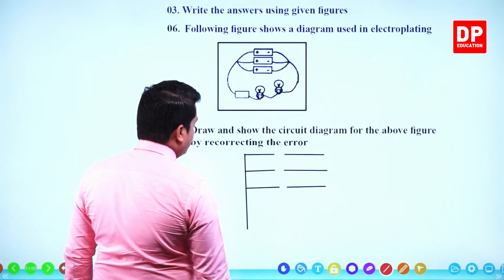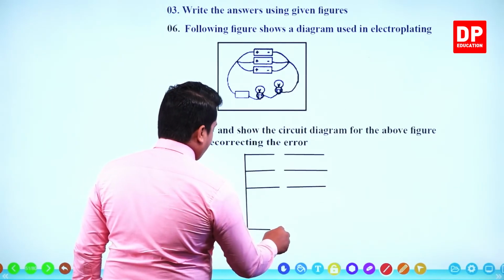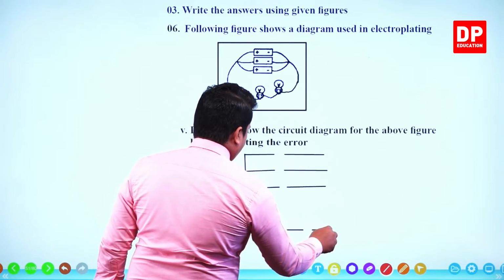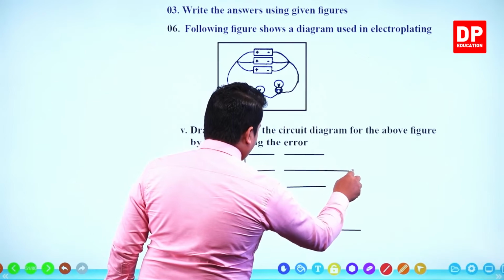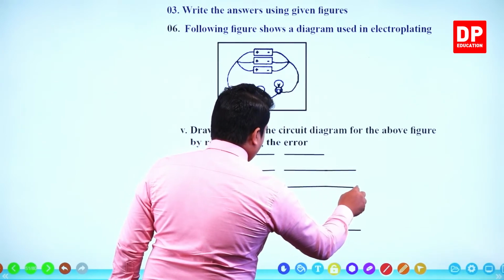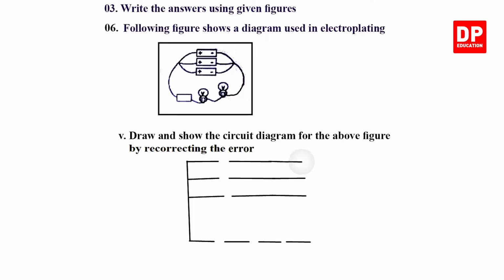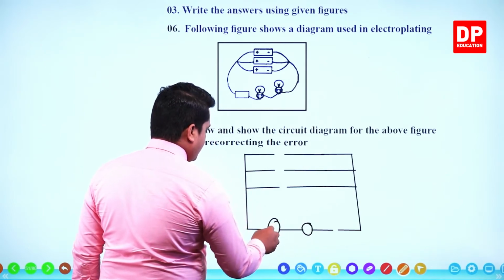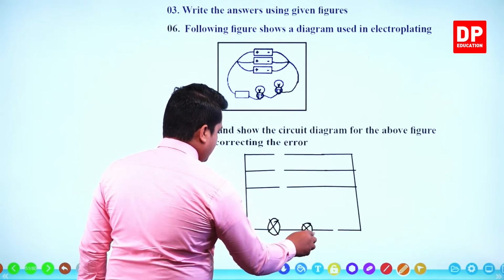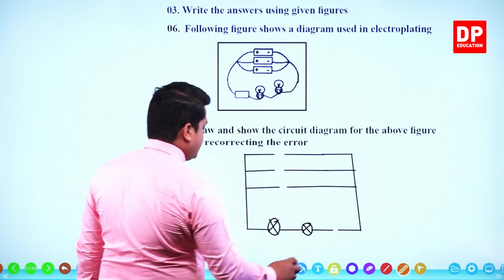Then we'll draw out two bulbs, 1, 2, in series connection with a resistor.